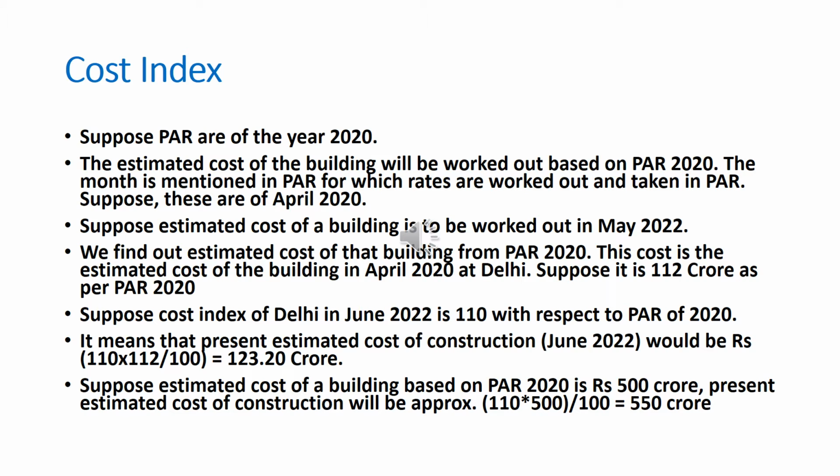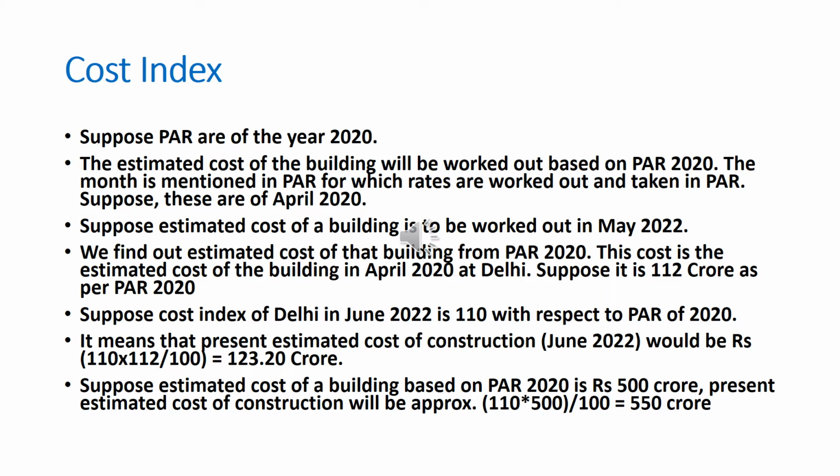Suppose the cost has been worked out as 112 crores based on plinth area rates of 2020 of Delhi, and suppose we want to find out the estimated cost in June 2022, and the cost index is 110 with respect to the base of plinth area rates of 2020.